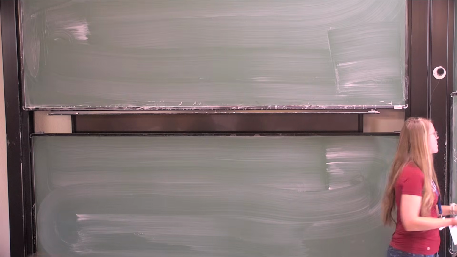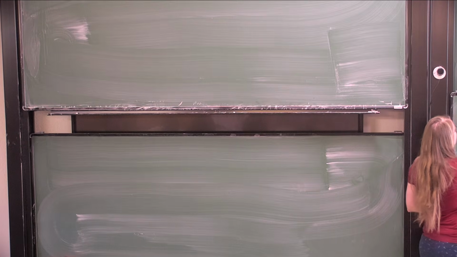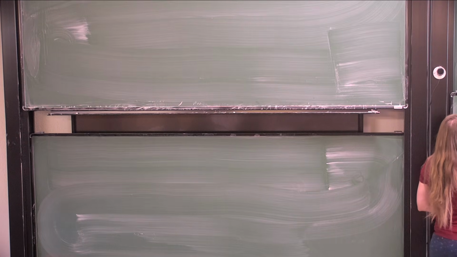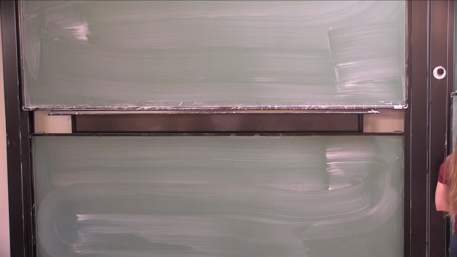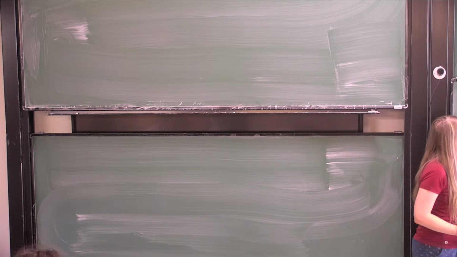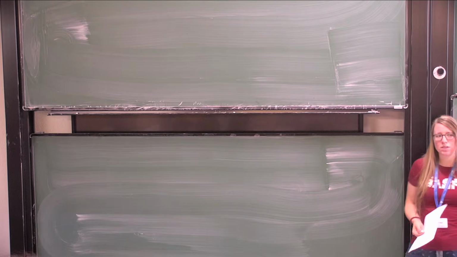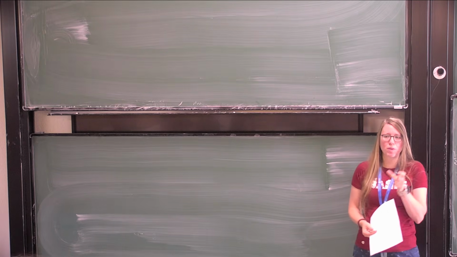Let's talk about some basics of probability theory. The central concept that we need in probability theory is that of a random variable.